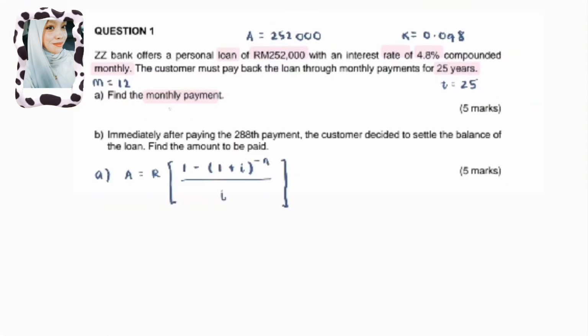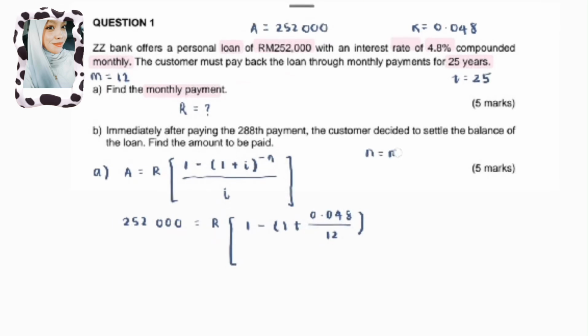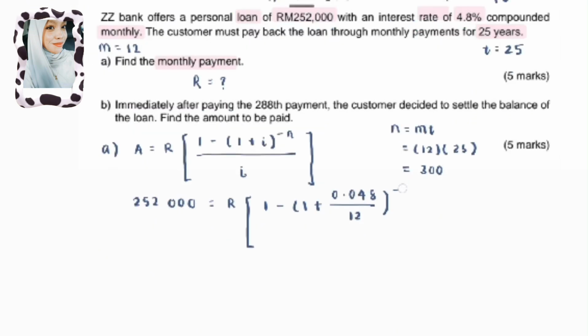It asks us to find the monthly payment, which is R. The first value I substitute is A, which is 252,000, equals R, the value we are finding, times 1 minus 1 plus I, which is K over M, so 0.048 over 12, and the power of negative n, where n equals MT. M is 12, T is 25, so I get 300. So I substitute 300 for n, over I, which is 0.048 over 12.